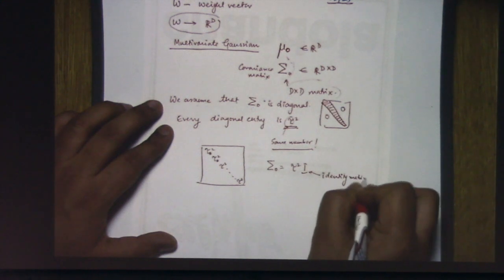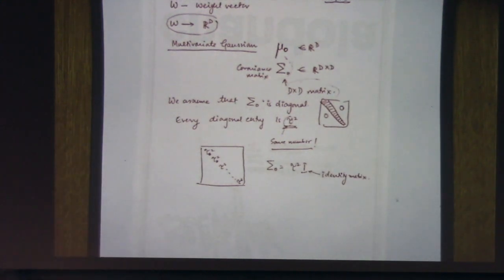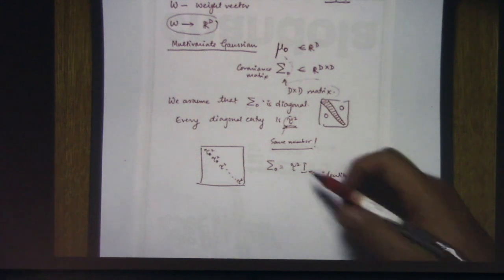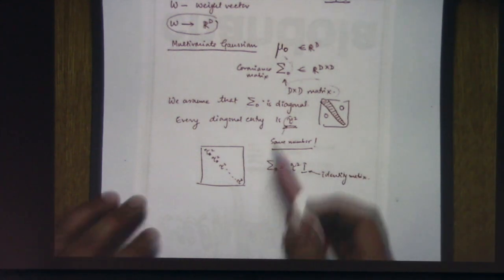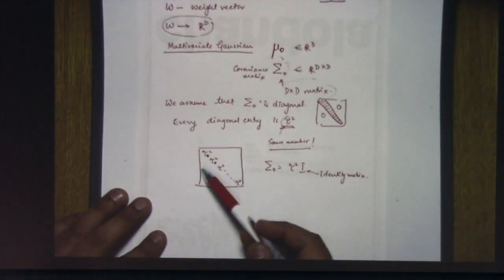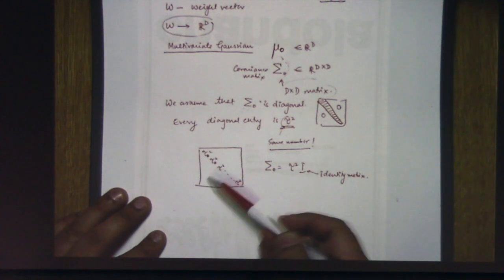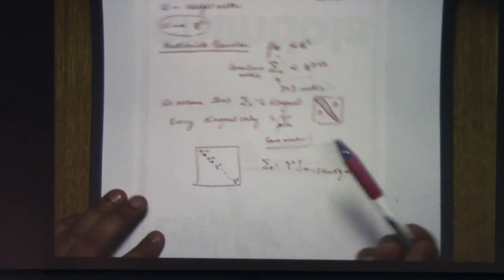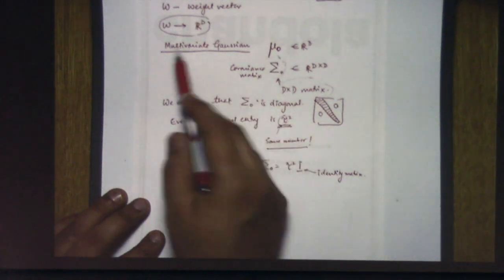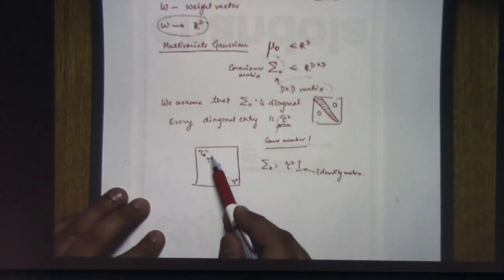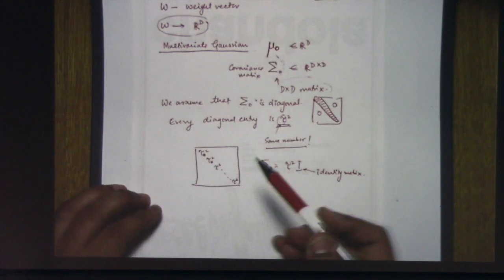So this is the prior that we typically set on your Gaussian, on your weights. Because we have no non-zero off-diagonal entries, essentially what we are assuming is that this multivariate Gaussian is just a collection of independent Gaussians.